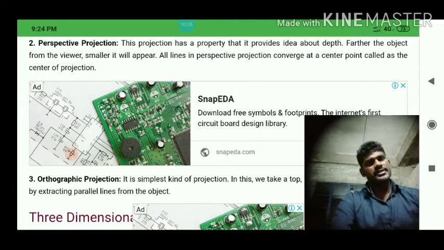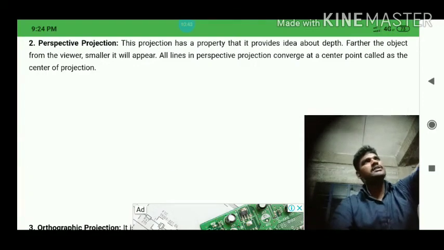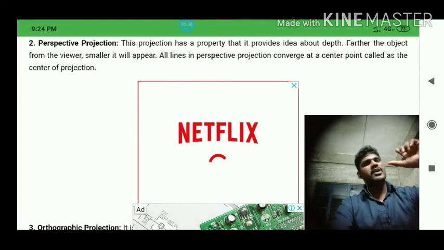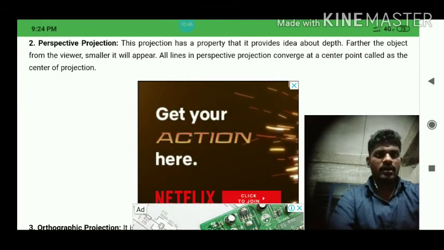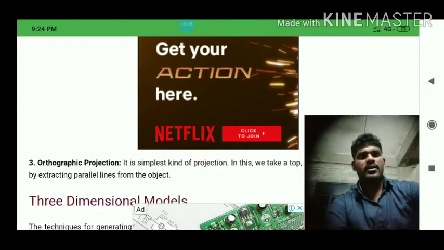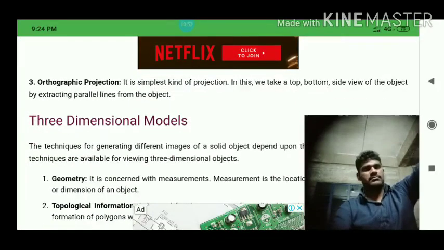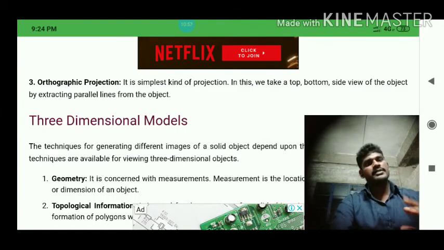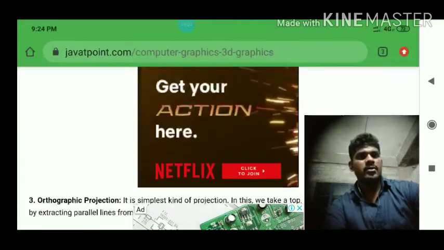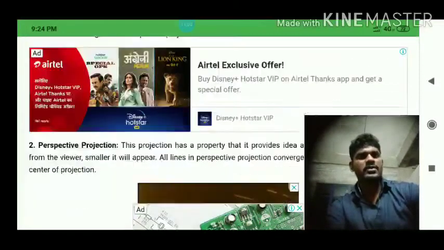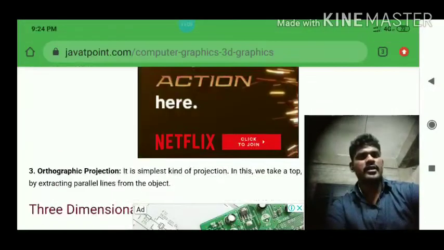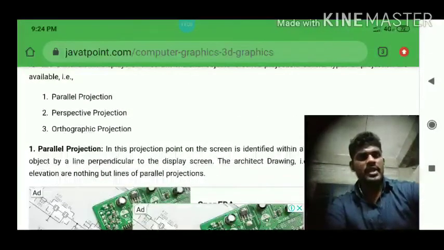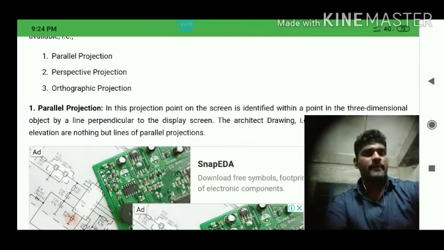If you want to draw a picture of the pillar, you keep the screen behind it and draw the exact picture on that screen. You send one line from the top and another from the bottom, and these lines give the exact measurement of the pillar. Both are not joined together. This type of projection is called parallel projection.